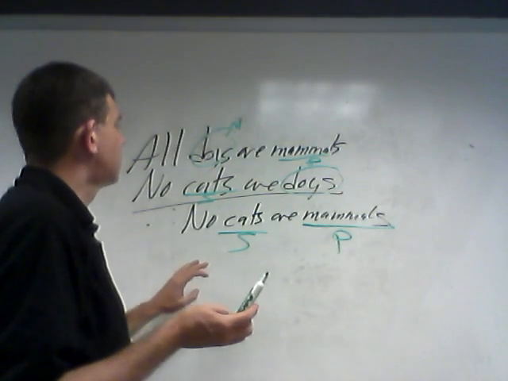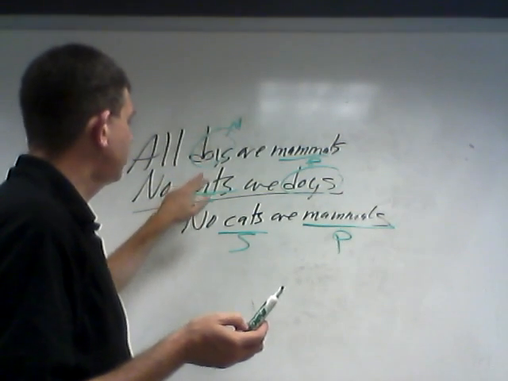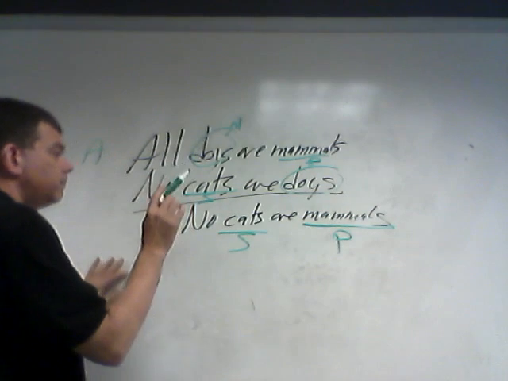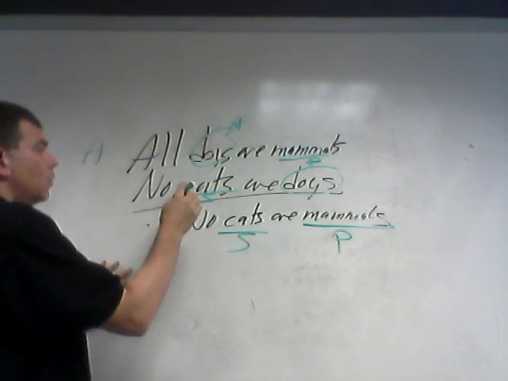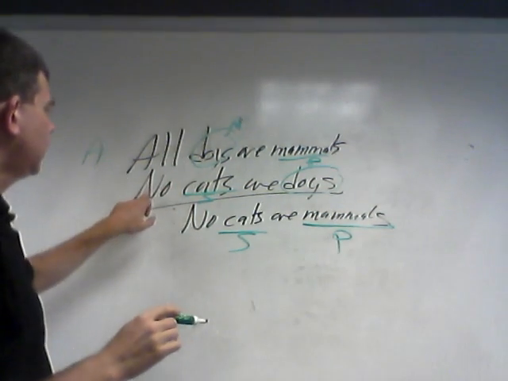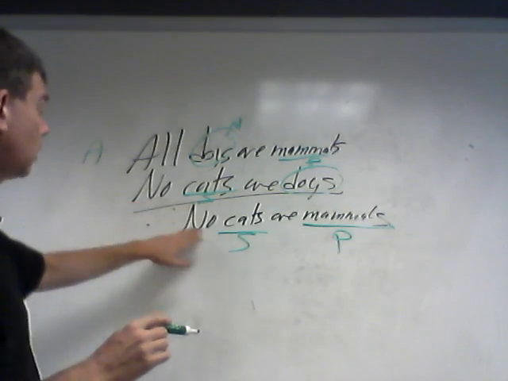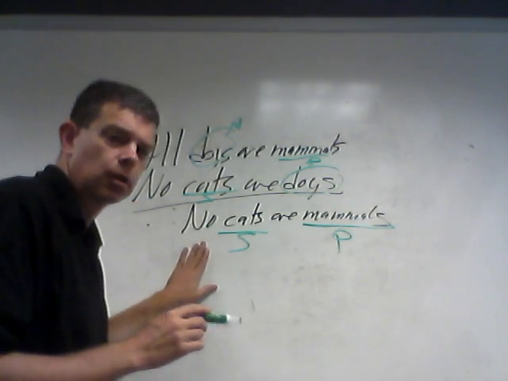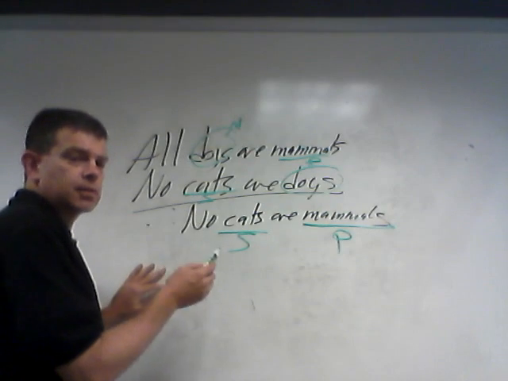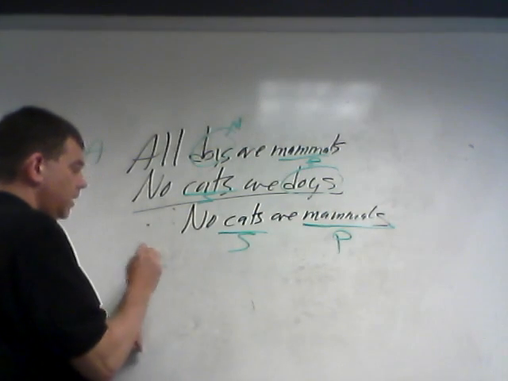In this case, we have to take a look at what other term got distributed. Is any term distributed in the conclusion? Okay, so in this is an E statement, right?